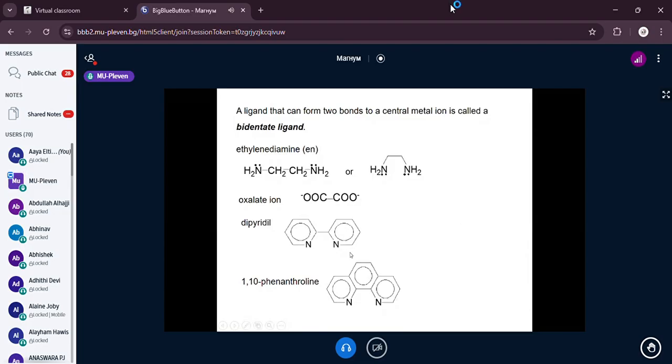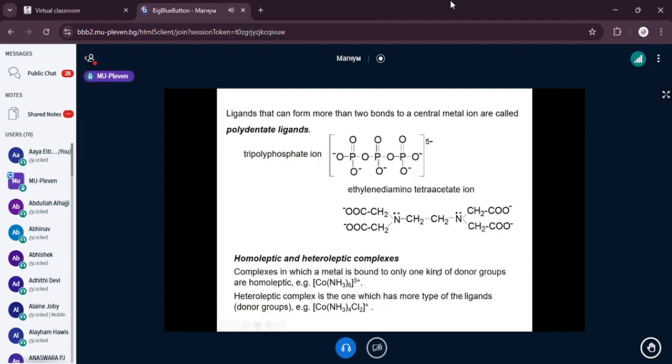And heterocyclic compounds, dipyridyl, 1,10-phenanthroline. There are also ligands containing more than 2 donor atoms, polydentate ligands, such as triphosphate anion, which participates in the structure of adenosine triphosphate.